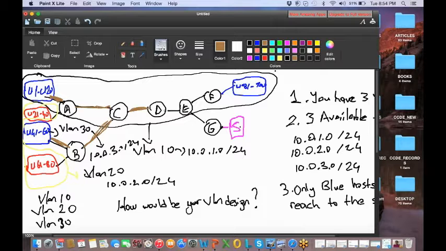This is your trunk link, and where is the other VLAN group? Here. Whatever that VLAN needs to be allowed on all these trunk links. This VLAN needs to be allowed on this trunk and on all of these, because you will have different VLANs as well. If you need to pass more than one VLAN on a physical link, you need to create a trunk link, as you know. And that is the problem.